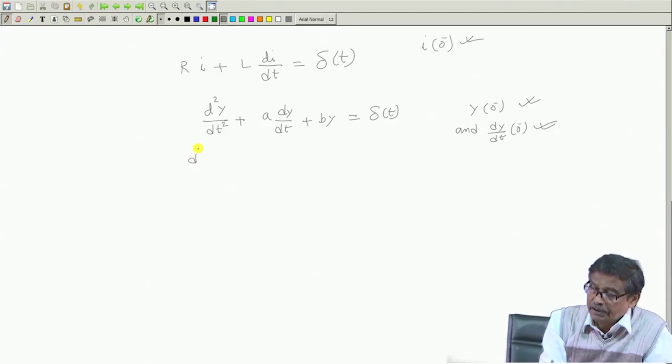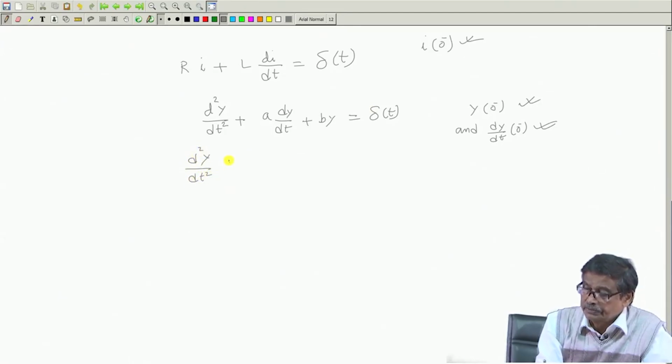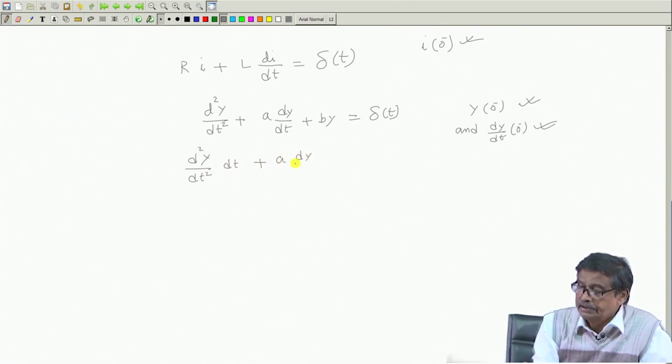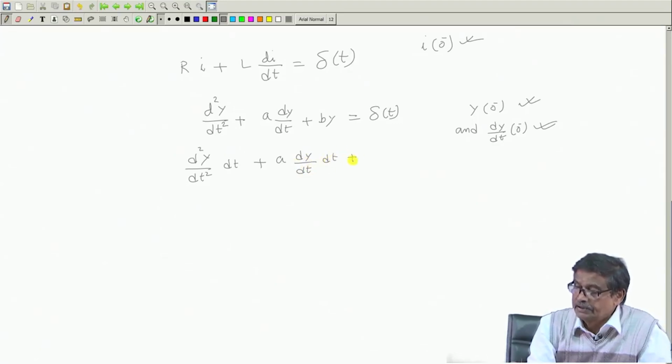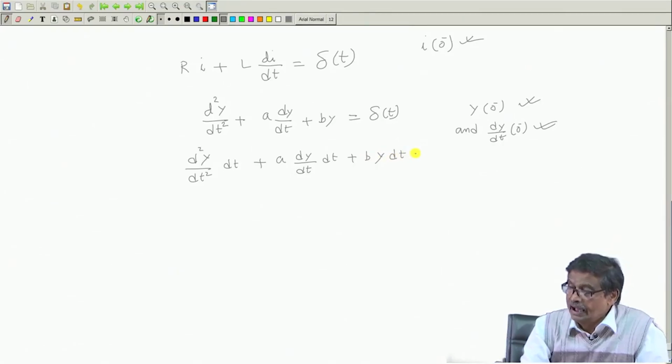So, multiply both sides by dt: d2y dt2 dt plus a dy dt dt plus b y dt, and this side will be delta t dt.